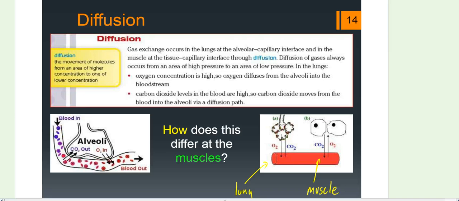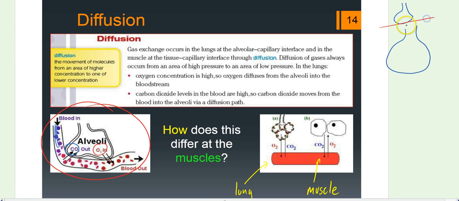Okay, diffusion. Looking at this bit over here, in the lungs we are interested in oxygen moving into the blood. But likewise, we have carbon dioxide that's been in the bloodstream, and we want it to enter the alveoli so that we can breathe it out. When we breathe, our little alveoli sacs fill up and increase in size.